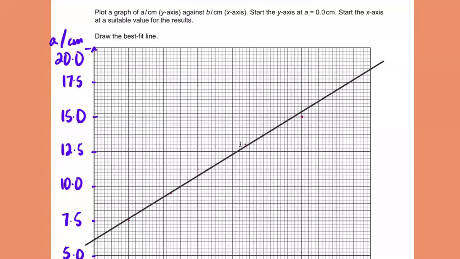Probably I could do slightly better here. Yeah, this seems about right, because we have a point above, a point below, and all of these are almost exactly on the line. So this is my line of best fit.